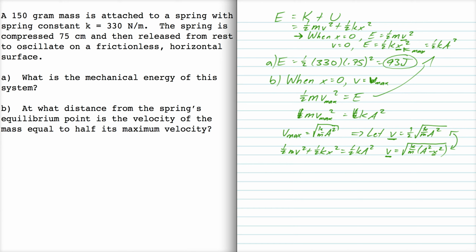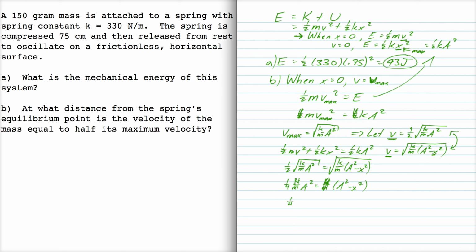All right? So 1/2 times the square root of k over m a squared is equal to the square root of k over m times a squared minus x squared. So the first step is to square both sides, and we get 1/4 times k over m a squared is equal to k over m times a squared minus x squared. K over m appears on both sides, so we can cancel it out.